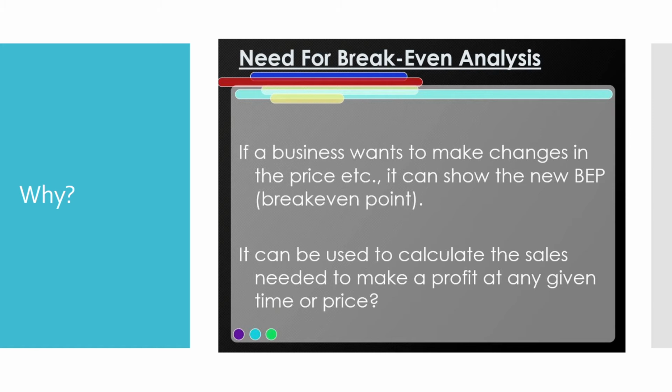And if you up the price, well, then maybe you only need to sell 70 units. So it's a good way to figure out what price point you need to sell your product to the market. But then you need to also think about the consumer, because perhaps the consumer won't pay that price if it is too high. So it can be used to calculate the sales needed to make a profit at any given time and price.